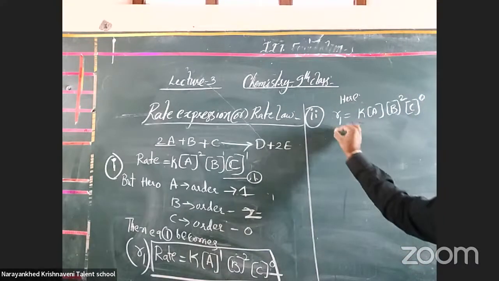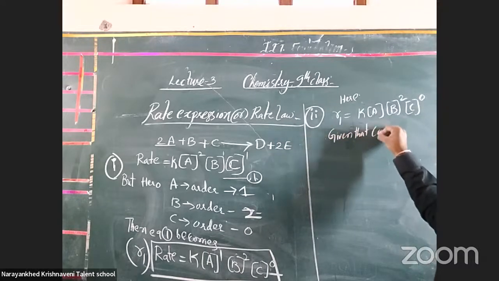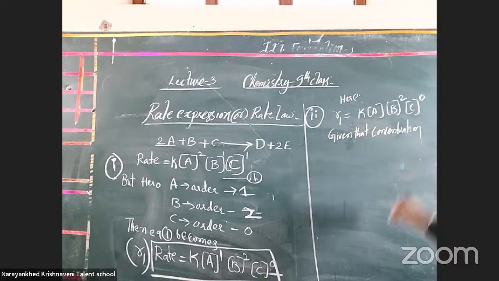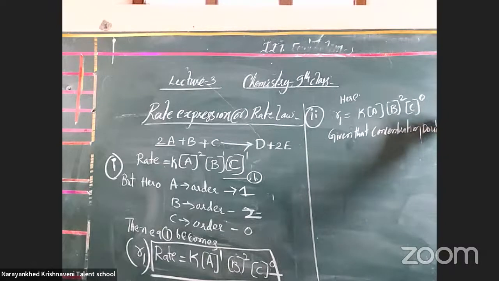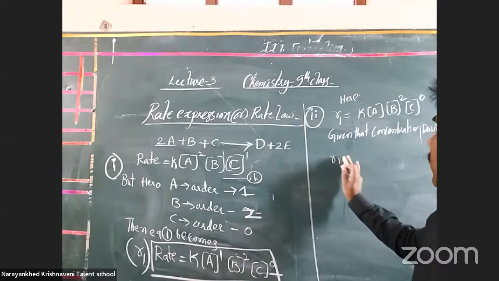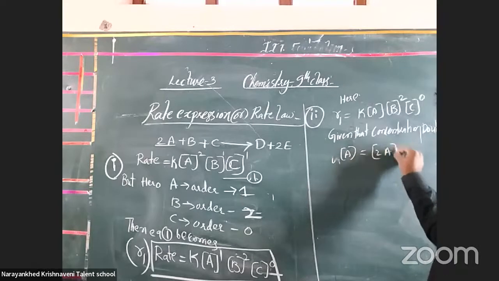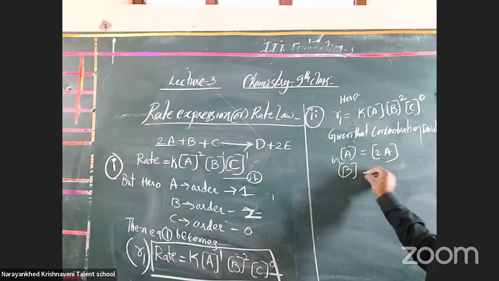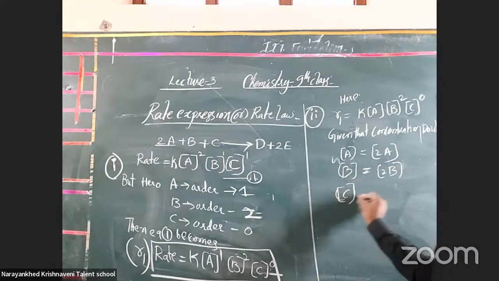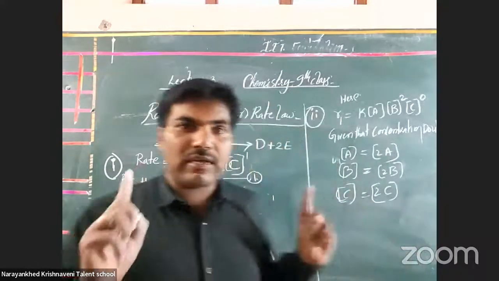Given that the concentrations are doubled. Did all of you understand? Now whatever A is there, it is replaced with 2A, B is also replaced with 2B, and C is also replaced with 2C. Only the concentrations become double; the order is the same.